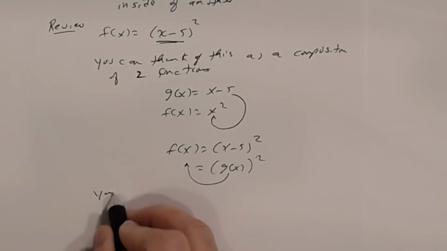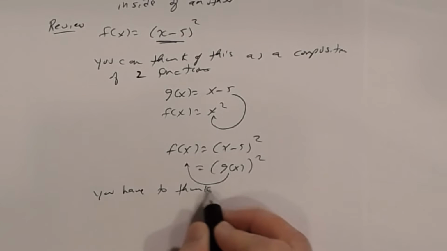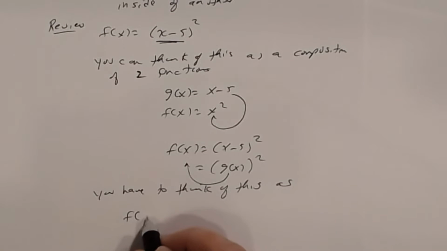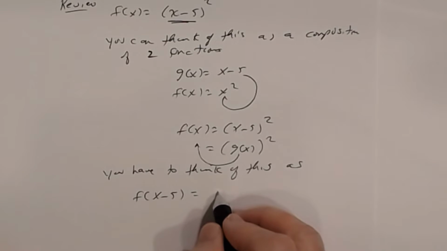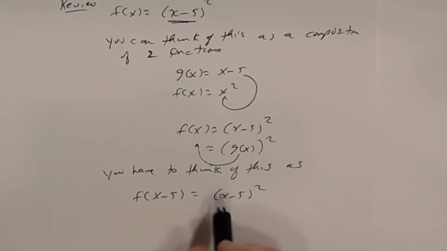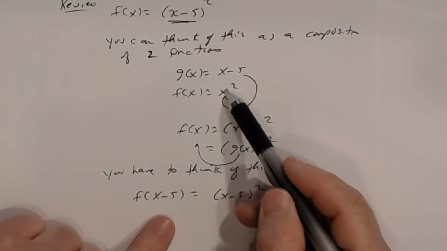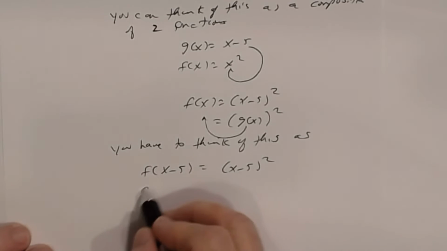So you have to think of this as f of x minus 5. Remember, x minus 5 is g of x, so you're taking x minus 5 and putting it into x, which becomes x minus 5 squared. But you can also read this as this now.